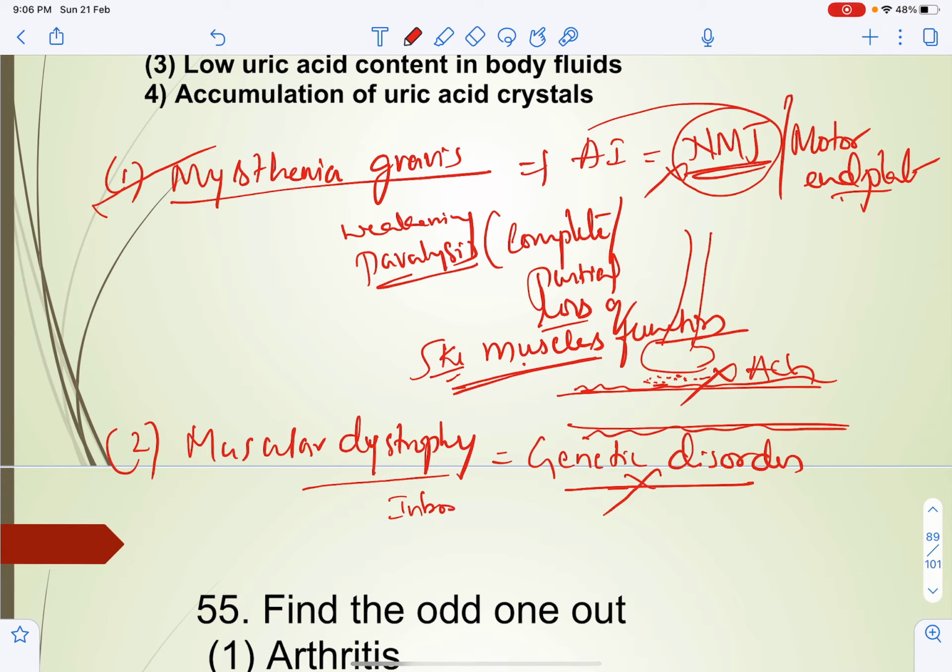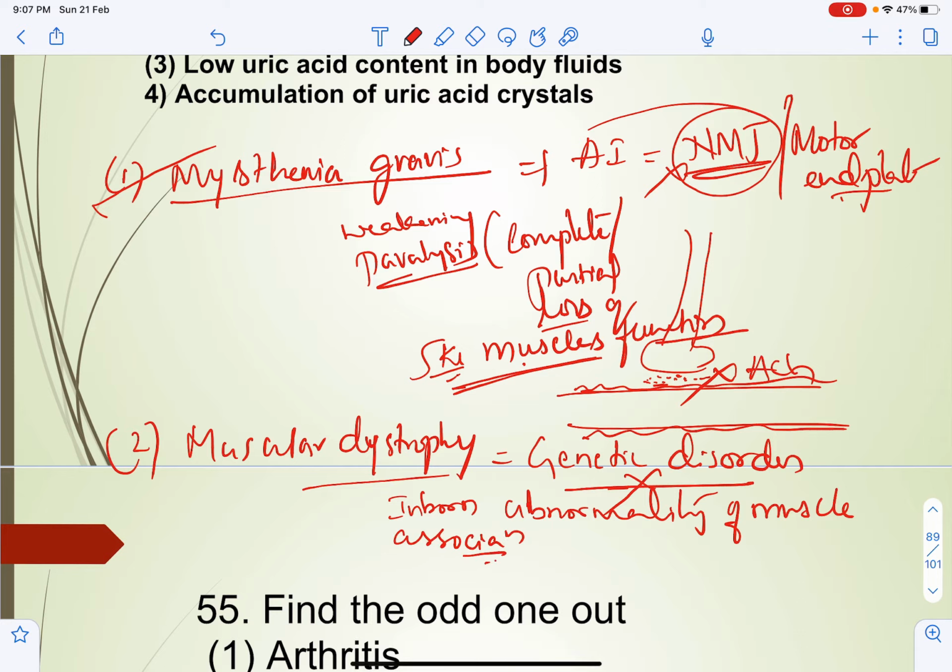Inborn abnormality of muscle association. There won't be a proper association where it has to contract properly. Association with dysfunctioning of muscles, and along with that, deterioration, which means it is going to reduce.